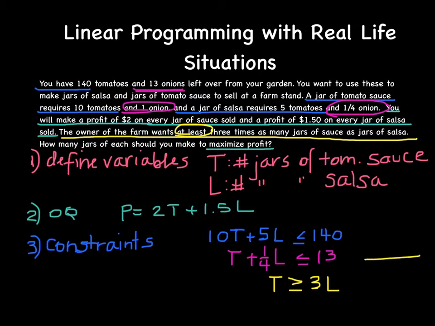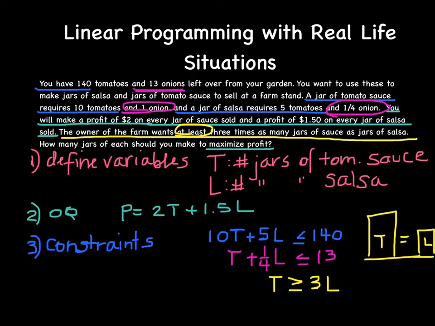Okay, so think about this. Here's my tomato sauce. Here's my salsa. This tomato sauce side is 3 times bigger than the salsa side. So to make this equal, I'm going to multiply this side by 3. So that's why tomato sauce has to be greater than or equal to 3 times salsa.